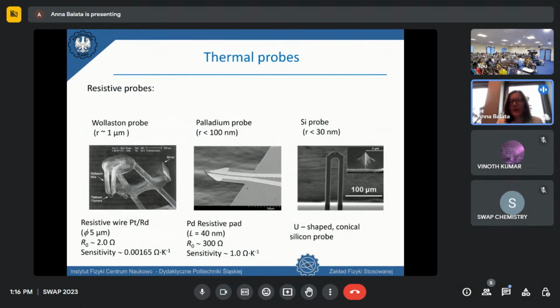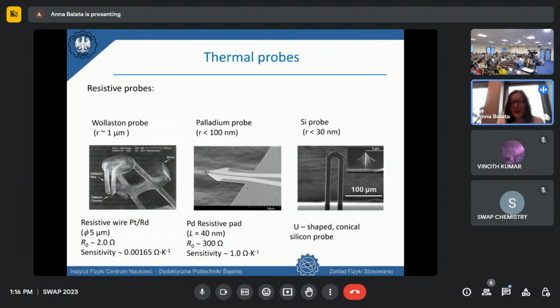I used palladium probes in my experiments, but there is a very popular group of resistive probes that historically first was the Wollaston wire. Today we have palladium probes and silicon probes. As you can see, they differ in spatial resolution. The first one has a low resistivity wire, which forms the tip of the probe, but it has quite high sensitivity.